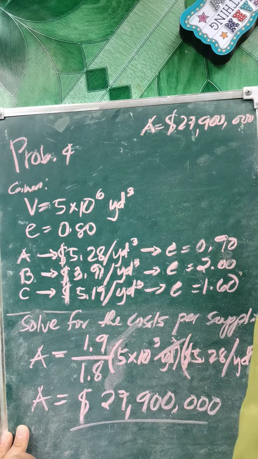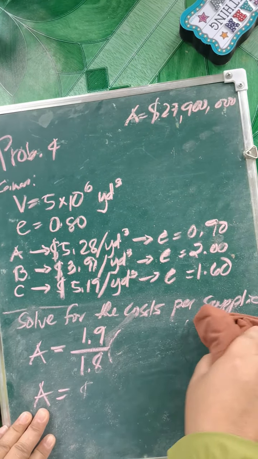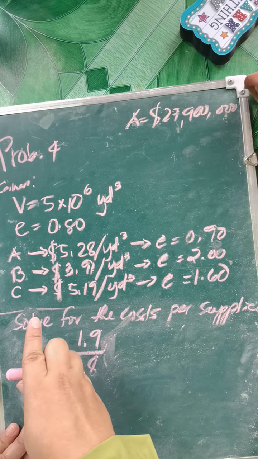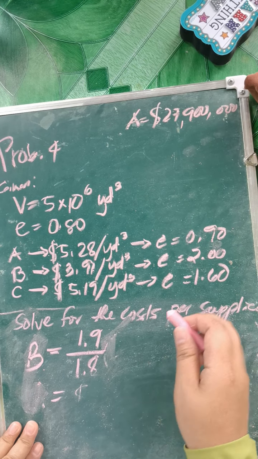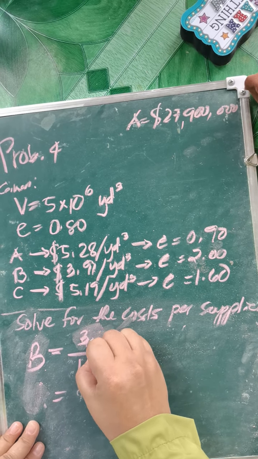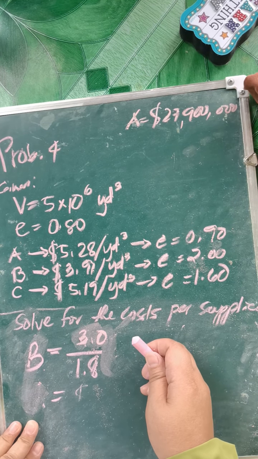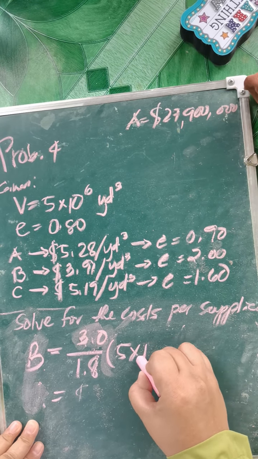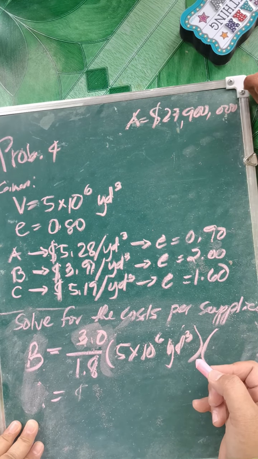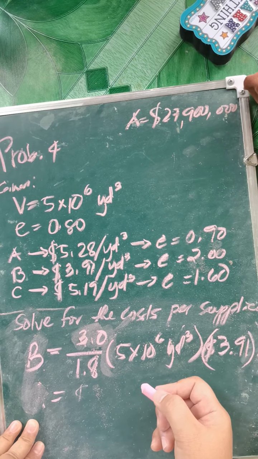Okay, let's try to solve for B. Following the format of the calculation for supplier A, for B we have 3.0 divided by 1.8, multiplied by 5 million cubic yards of soil, multiplied by the price of $3.91.